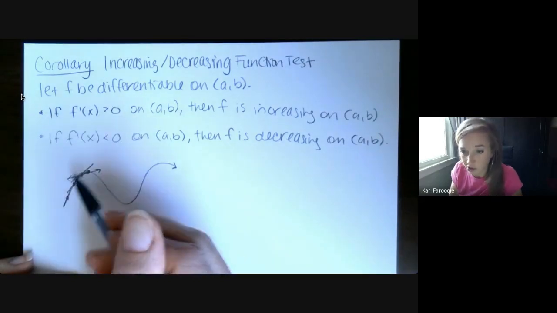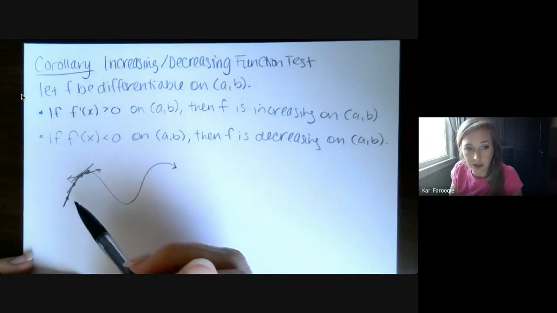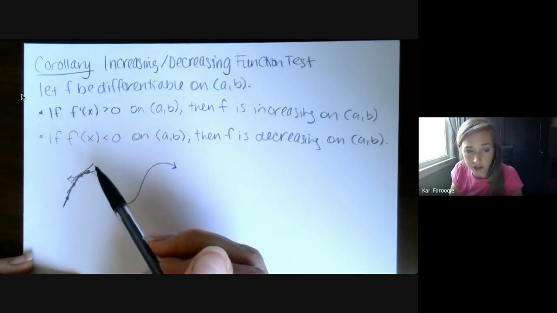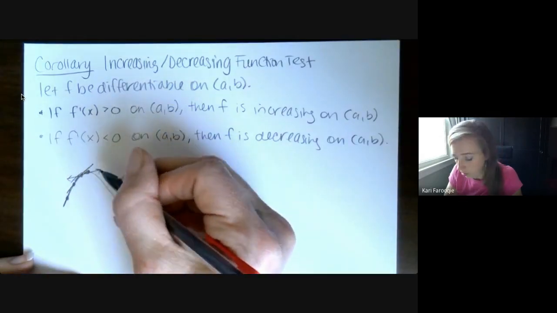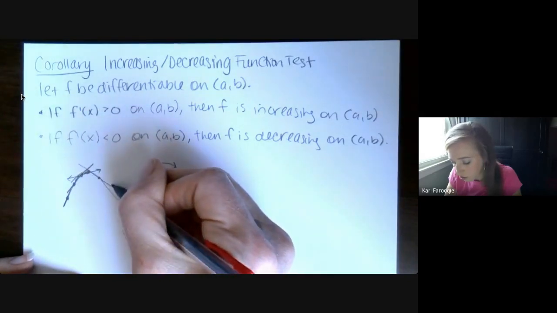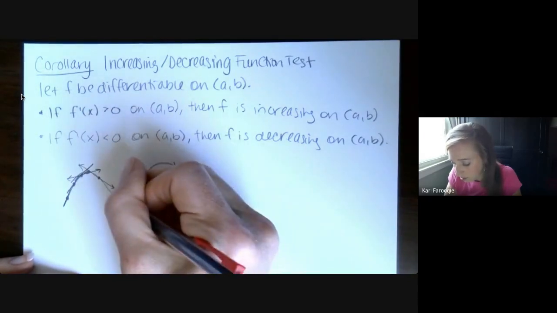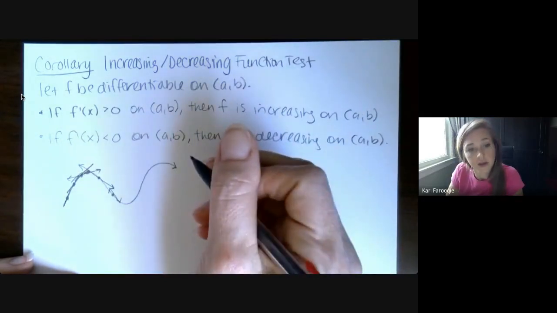This is sort of a visual representation of this corollary that I just gave you. If your slopes are positive, then your function's increasing. But as soon as you get past this point where you hit the top of the hill and you start to descend, now you're looking at tangent lines that have decreasing slopes. Sorry, that's not the best pictorial representation of a tangent line.